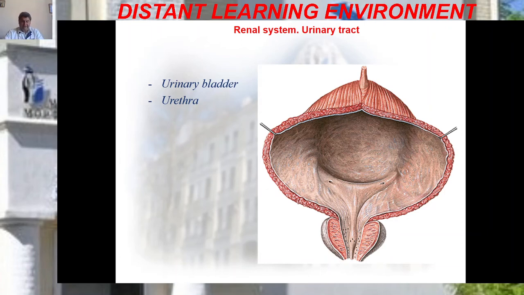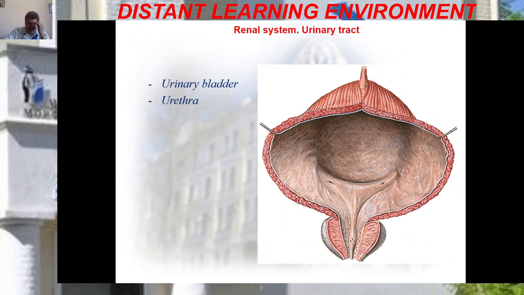Posteriorly, the peritoneum is reflected from the superior posterior surface of the bladder onto the anterior surface of the rectum, forming the rectovesical pouch. So this picture is in males. And also in females, the anterior surface of the uterus, the uterovesical pouch.